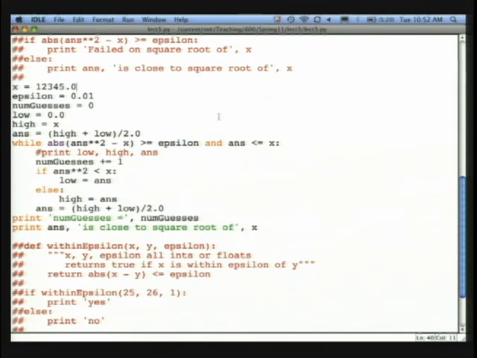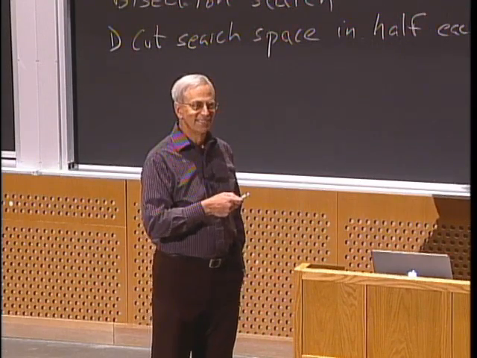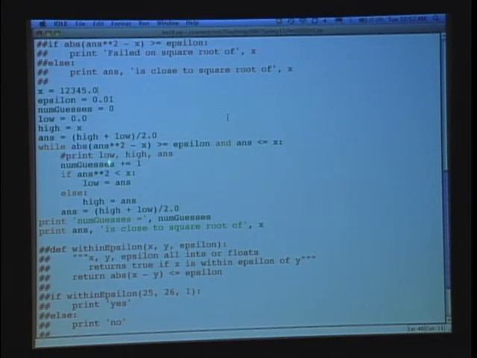Let's, for simplicity, say cube roots of positive numbers. I think you said the right thing. All I have to do is change that 2 to a 3, and that 2 to a 3, and I'm done. And I should probably change the message to say cube root. Pretty easy.